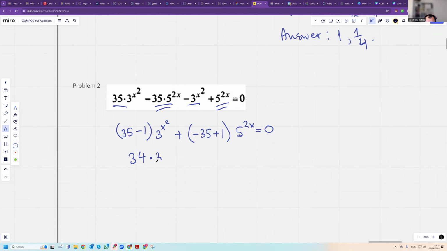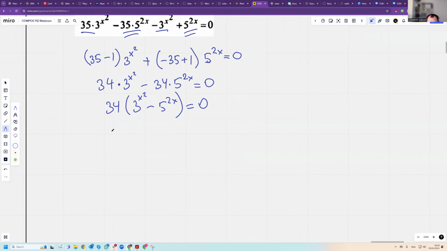You didn't see that. 3x squared minus 34, 5 to the power 2x equals 0. 34 is a common factor. 34 times 3x squared minus 5 to 2x equals 0. That means 3 to the power x squared minus 5 to 2x equals 0. All right, 3 to the power x squared equals 5 to the power 2x.